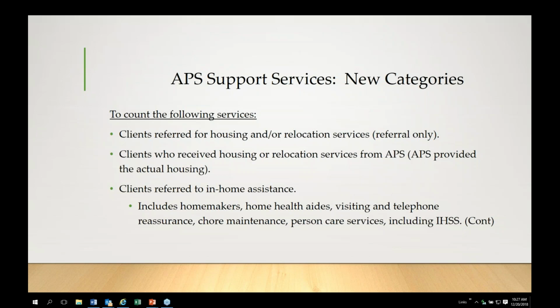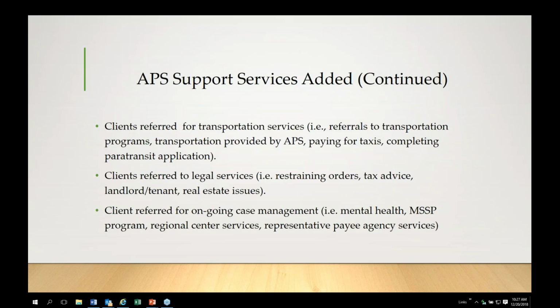The next category is clients referred to in-home assistance. So this is anybody you refer to IHSS, getting home health aides in, getting friendly visitors in, any kind of chore service, personal care services, those kinds of things are all lumped into this category. The next one is clients referred for transportation services.